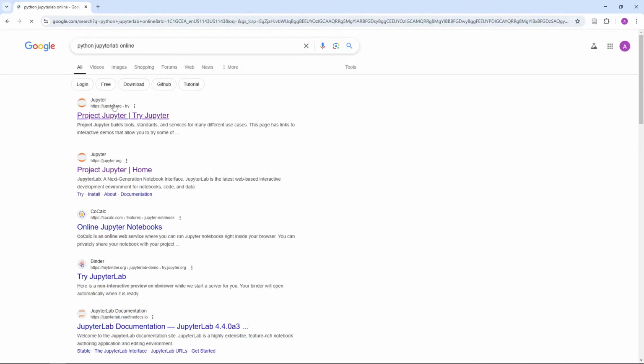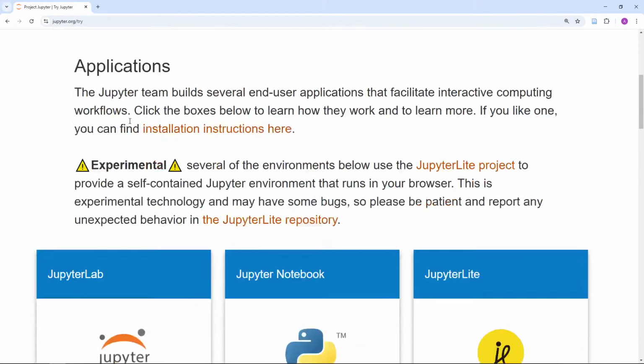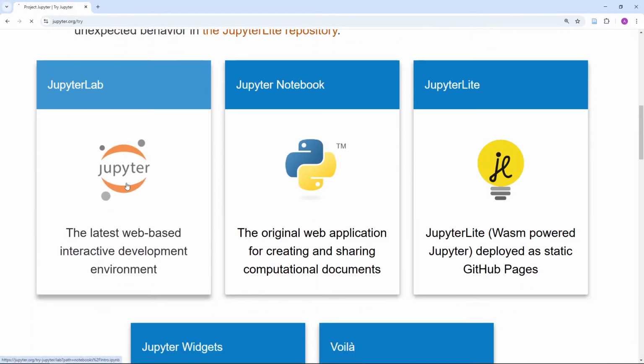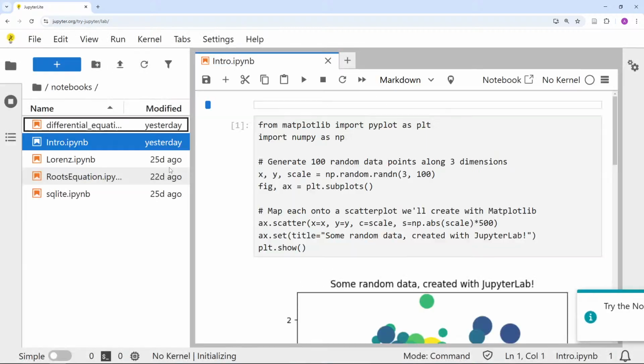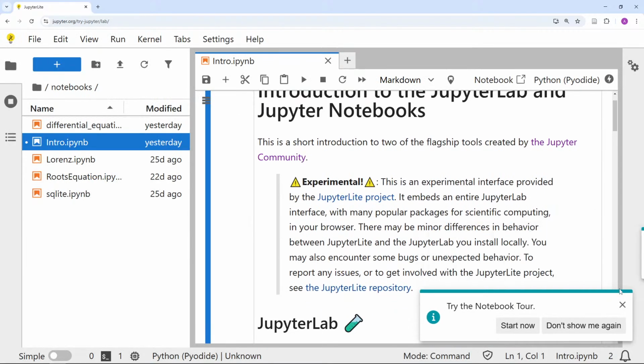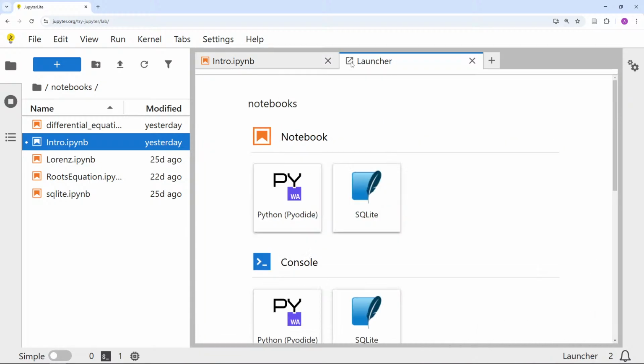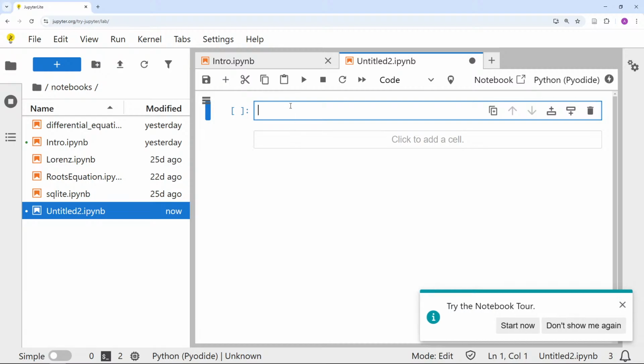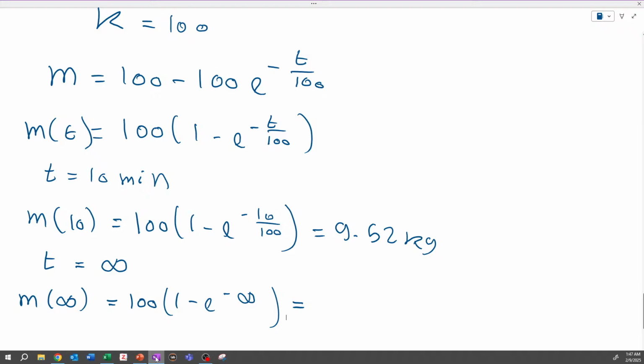Using Python Jupyter Online, you don't need to install Python. I have Python installed, but I just want to show you that you don't even need to install Python to use Python. Here I can open a new notebook, and I want to check e to the power infinity.